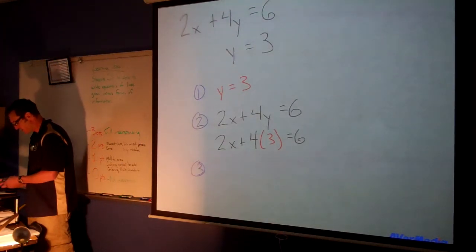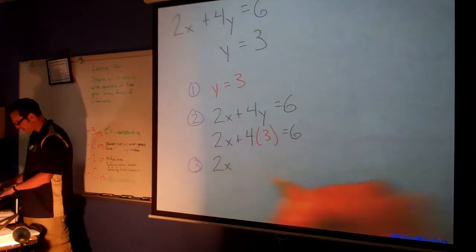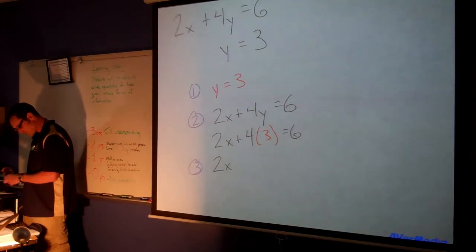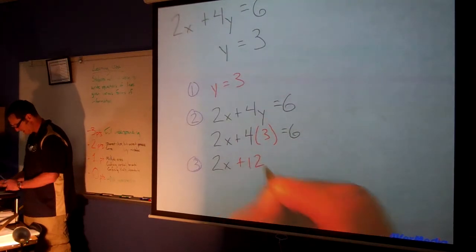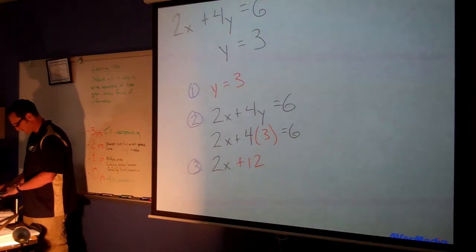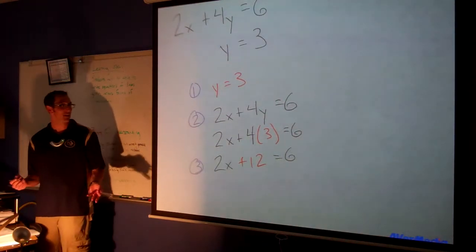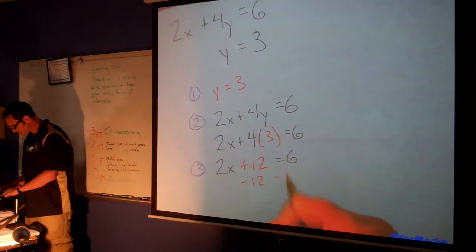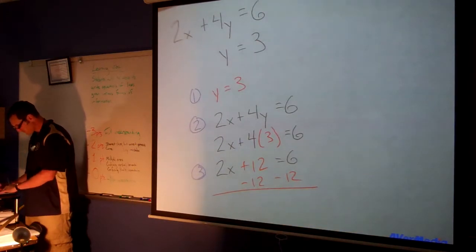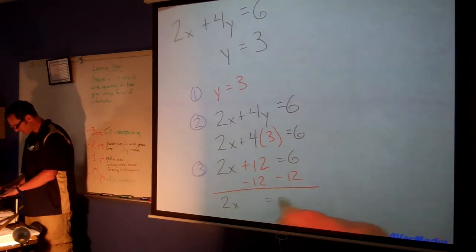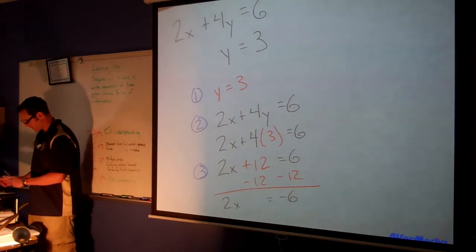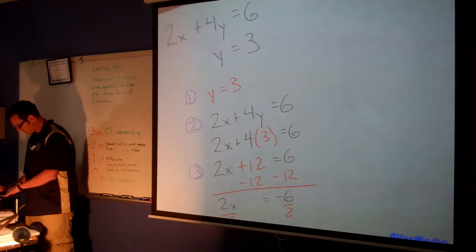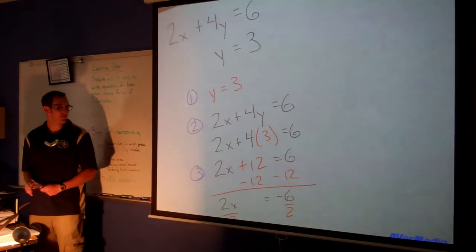Let's solve this equation for x. 2x stays 2x, and now we have a plus 4 times 3, which of course is plus 12, and then our equal 6 is there, and now we simply solve for x. We undo the plus 12 on both sides with a minus 12. So 2x equals negative 6, and then we undo times 2 with divided by 2 on both sides. And so we see that x equals negative 3.